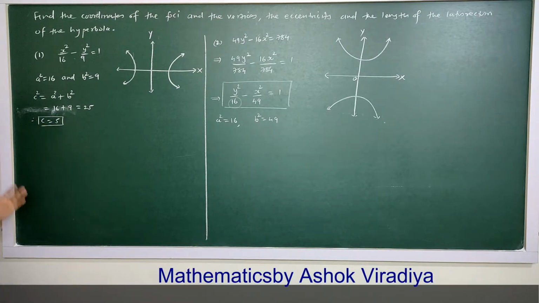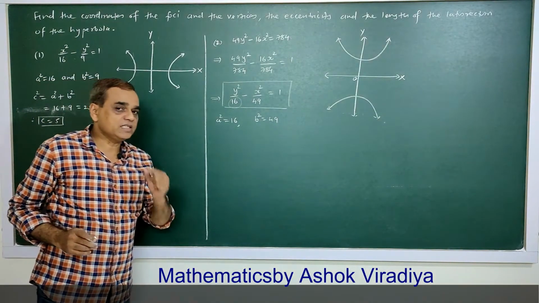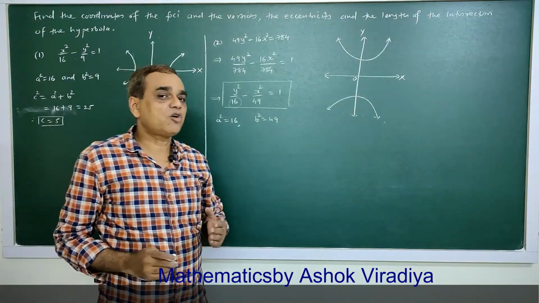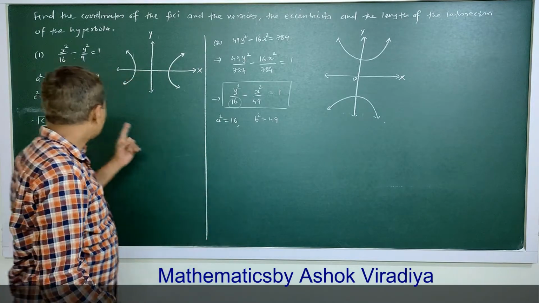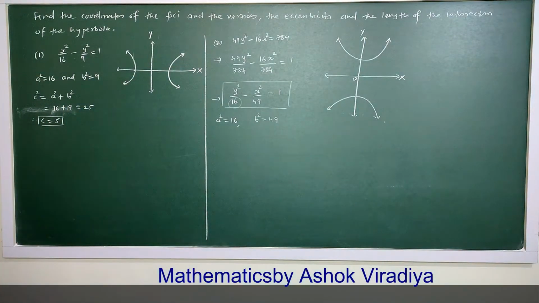Here in this discussion we have taken C as the distance of a focus from the center, so we take a positive value. C is 5.